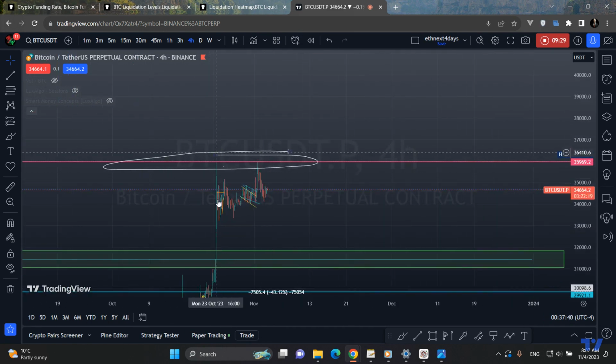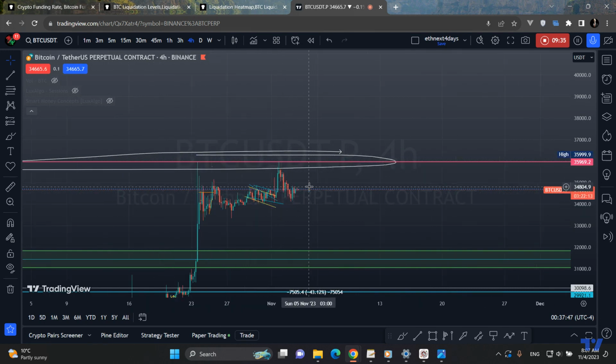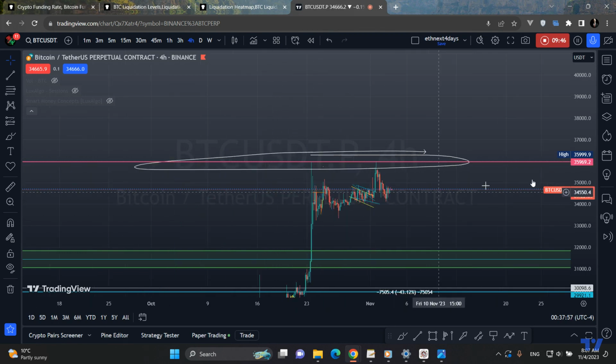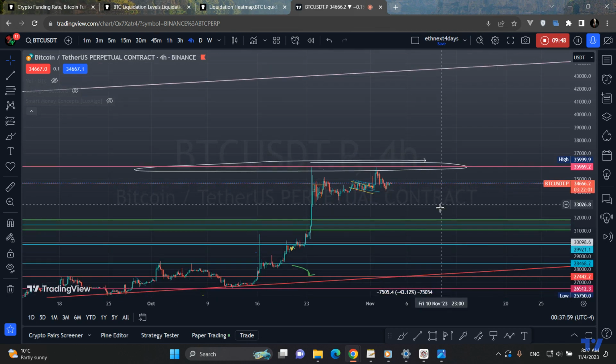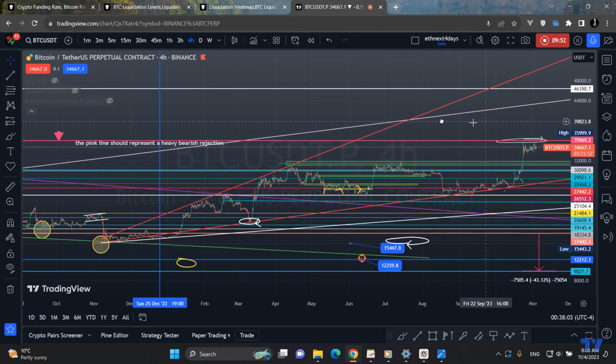But we could clearly see the double top right here. So a double top, and then slow consolidation after the double top. It shows that this could be a distribution sign. All right, now with that being said, let's take a look at it on a little bit higher timeframe.